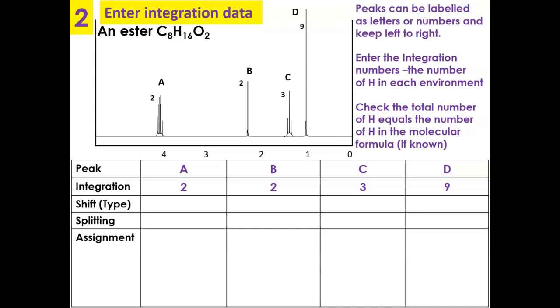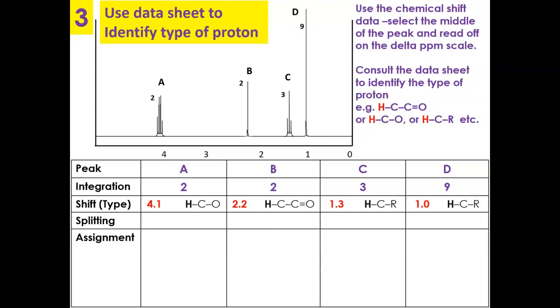Also interesting that 3 H's can and usually tends to be the end of a molecule in the form of a methyl group, perhaps. Okay, so let's move on to stage 2. Once you've got the table, past the integration, let's look at our data sheet. You're going to need the data sheet, or at least have it handy for the next part.